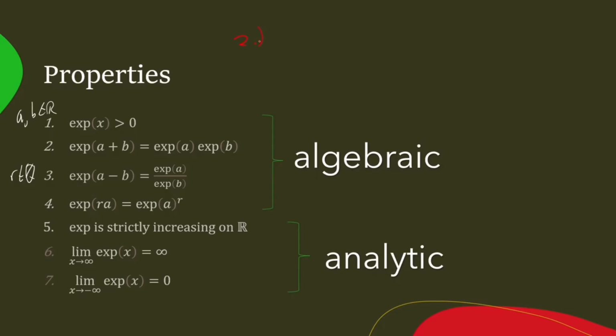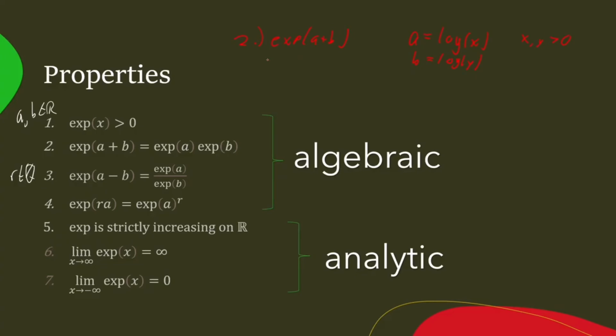If we consider exp of a plus b, well, we know that the inputs for the exponential function are the outputs of the log function. So a, we'll consider as log of x for some x, and b is log of y for some y. So here x and y would be positive numbers.